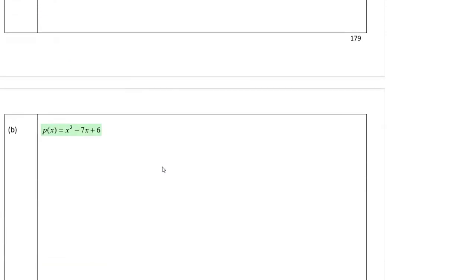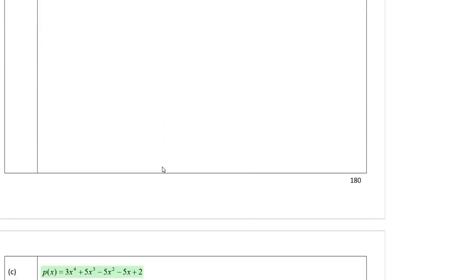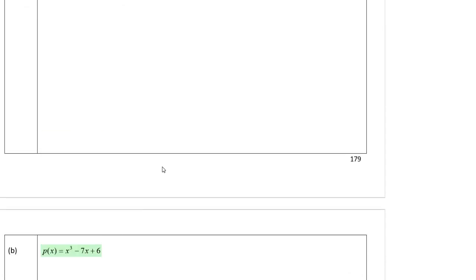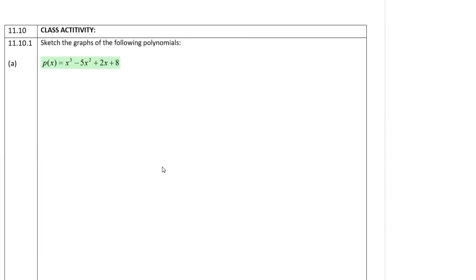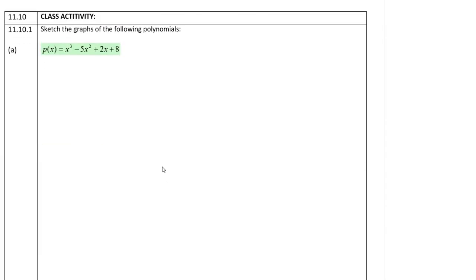That is how we sketch these graphs, the polynomials, and as I say, it is really important work for us for next year. Let us look at this together. Now 11, 10, 1. So here we've got a polynomial. All the powers have positive exponents.